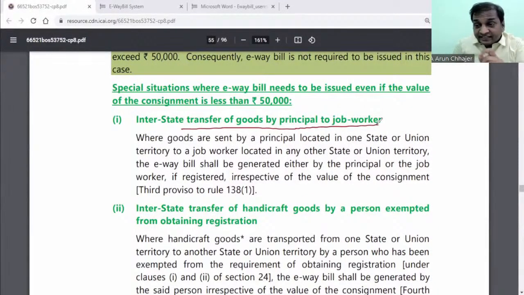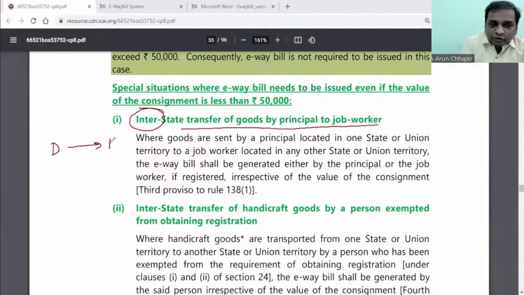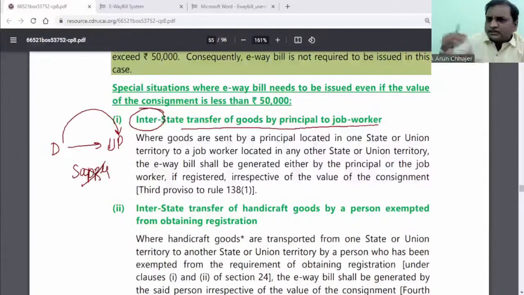If the principal is sending the goods to the job worker and it is from one state to another state, say the principal is located in Delhi and the job worker is located in UP, irrespective of any value, an Eway bill has to be prepared. Is it a supply? The answer is no, sir. It is not a sale.